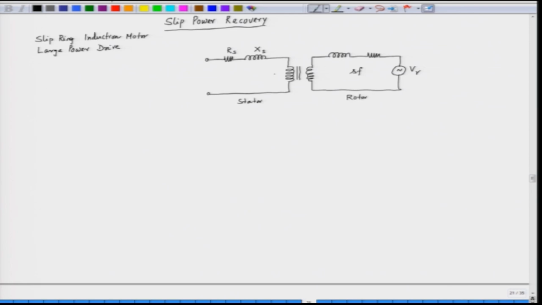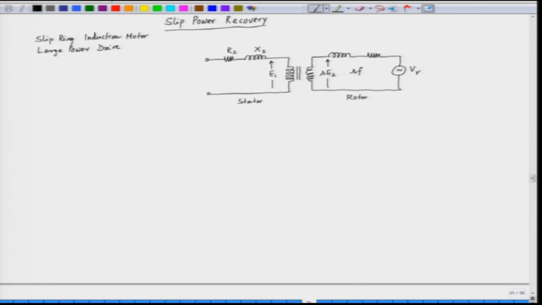Now, here the induced EMF of the stator is E1, and the rotor induced EMF is E2, but we have a slip S. So, this is S into E2.